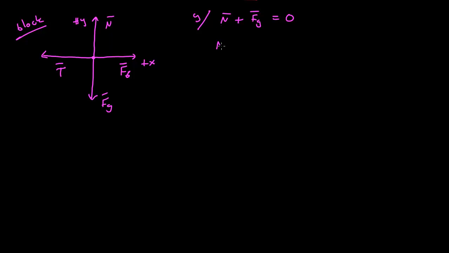This is entirely the normal force in the positive y direction. The gravitational force is the mass of the block times gravity, and it's in the negative y direction, so that must equal 0. So that tells me that the normal force is the mass of the block times g.